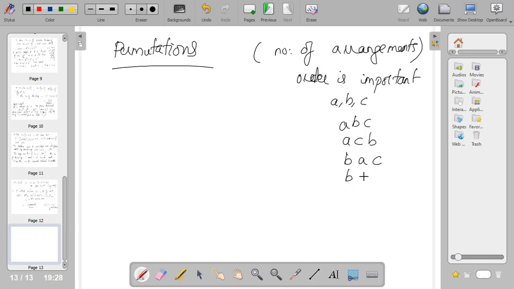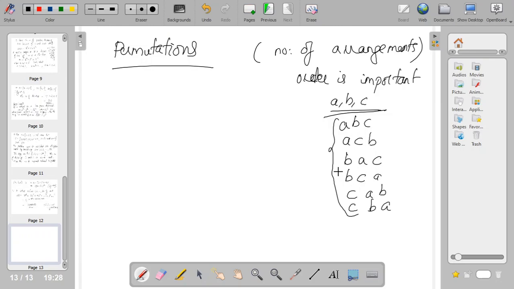So if you have three objects A, B and C, these are the distinct arrangements. So here the order is important. So when you take ABC, ABC is not equivalent to ACB, so they are all counted in permutation. So that is a way of arranging the objects in a row. That is the basic meaning of permutation.